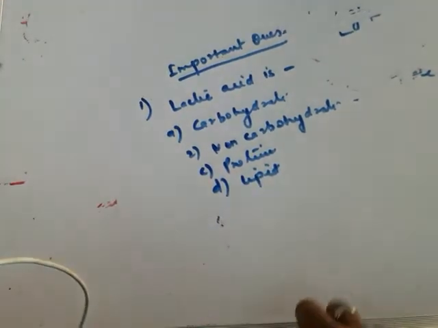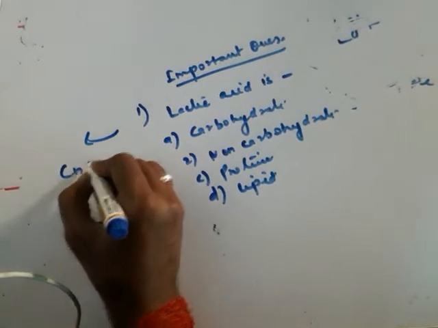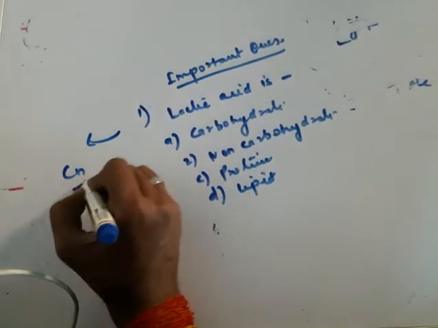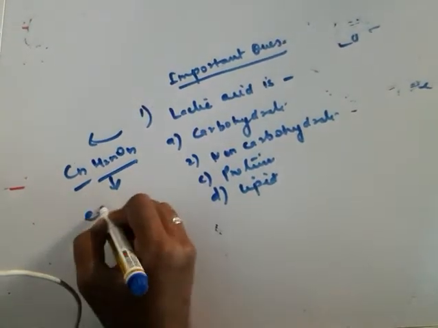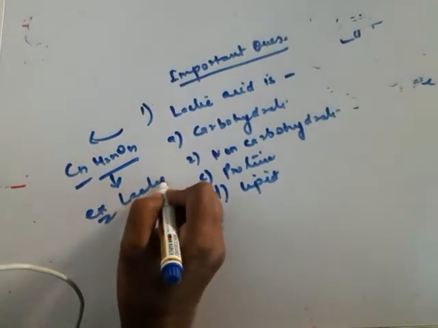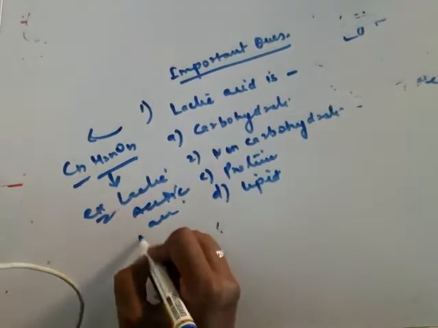The right answer is B, because I have explained before that the general formula of carbohydrate is CnH2nOn. But there are exceptions: lactic acid, acetic acid and deoxyribose.